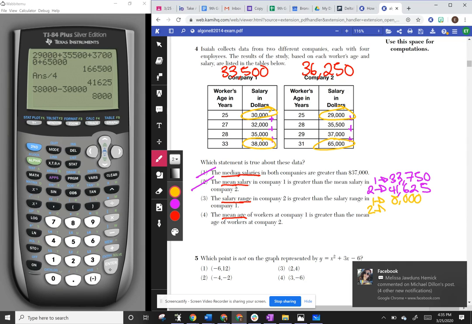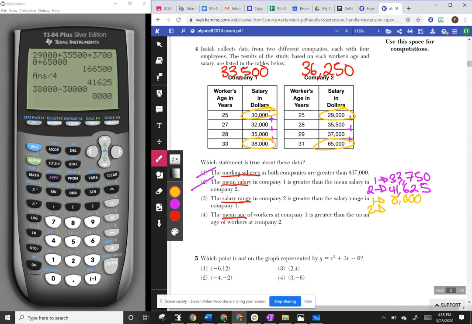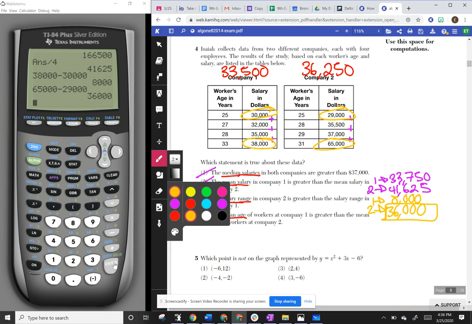The range for 2, let's see, is 65,000 minus 29,000, and we get $36,000. So is the salary range company 2 greater than company 1? Most certainly. 36,000 is a lot bigger than 8,000. So this answer is 3.